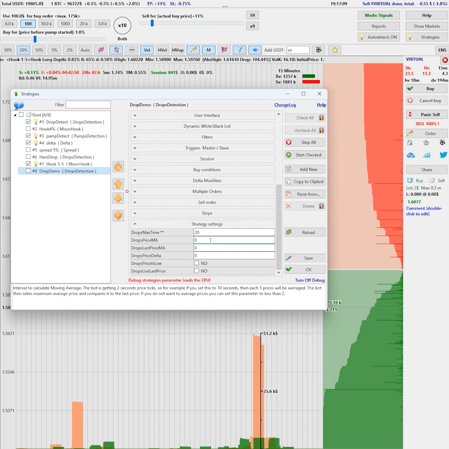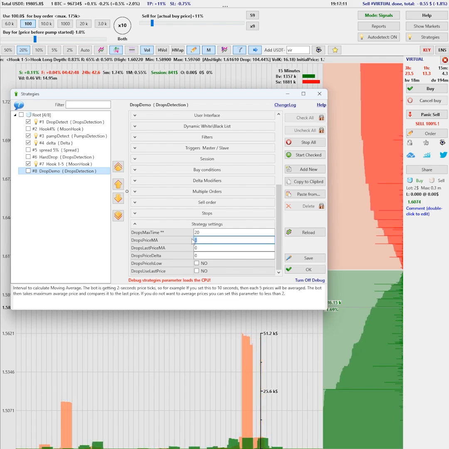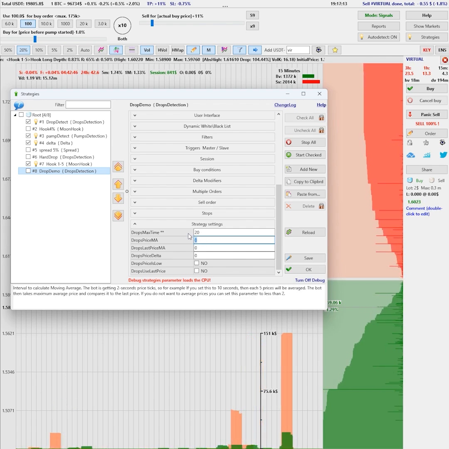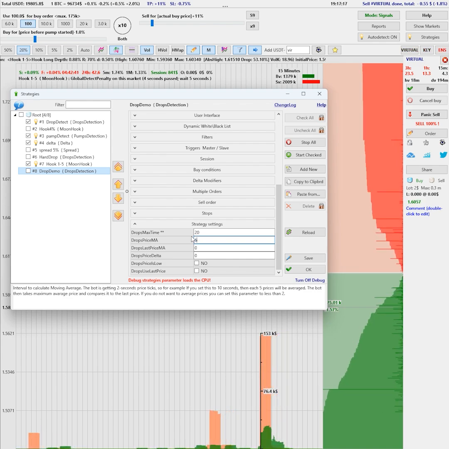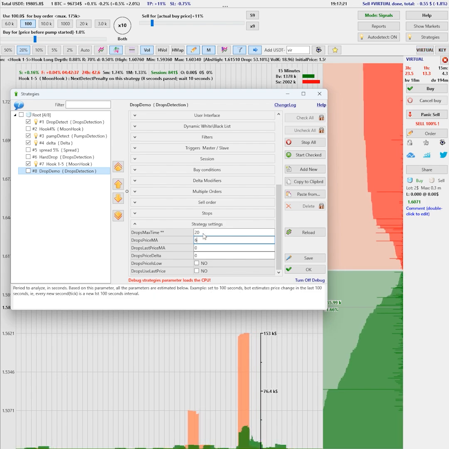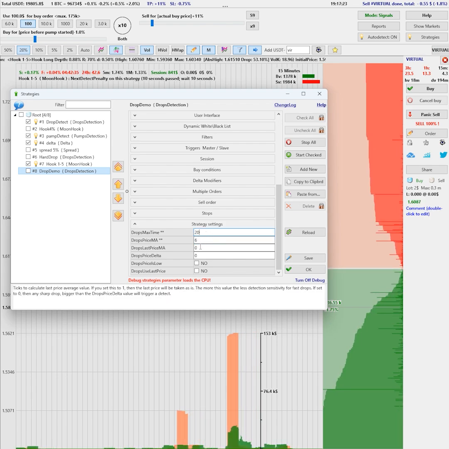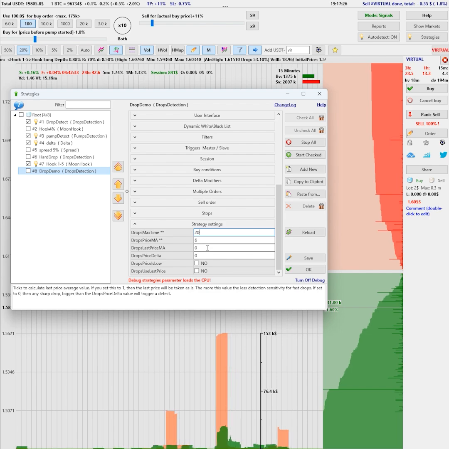Over what number of seconds should we average? Sorry. Let's do over the last 6 seconds. We'll average the prices over the last 6 seconds to come up with drops price MA.